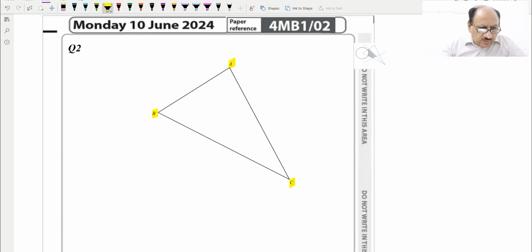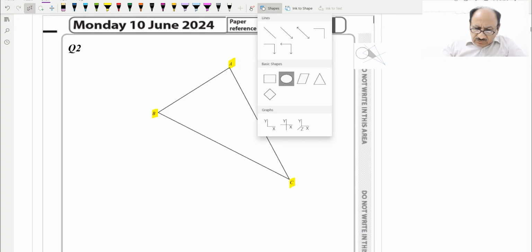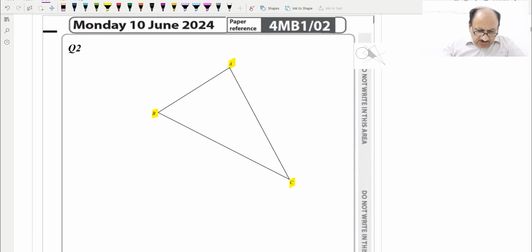ABC is the triangle. Using ruler and compasses only, and showing all your construction lines, construct the locus of the points that are 3 centimeter from B. So for 3 centimeter from B, we can just draw a circle, and I'm just drawing this for your explanation.